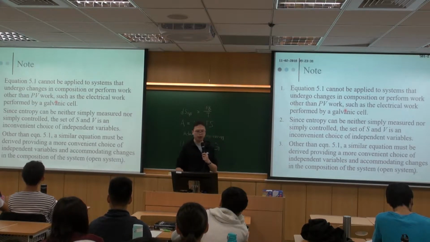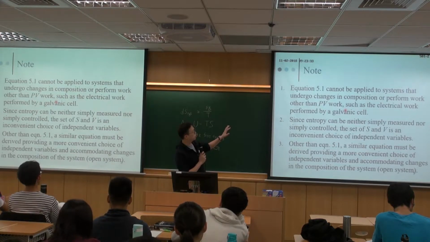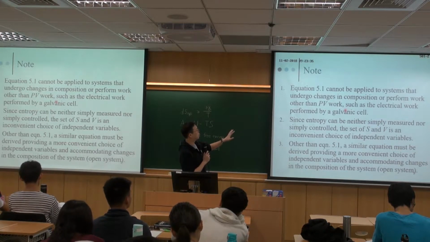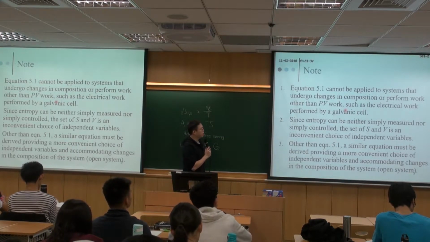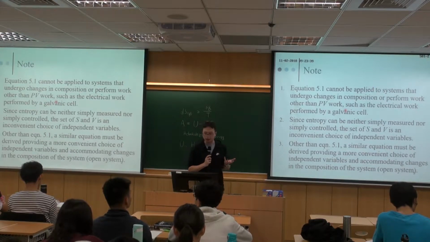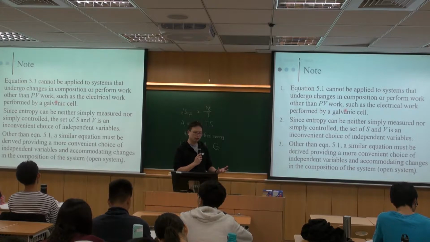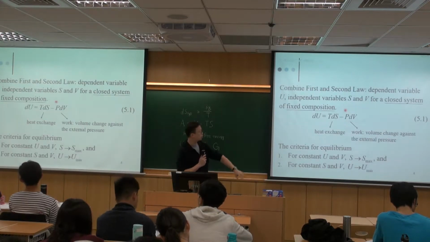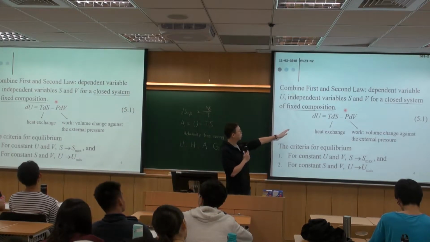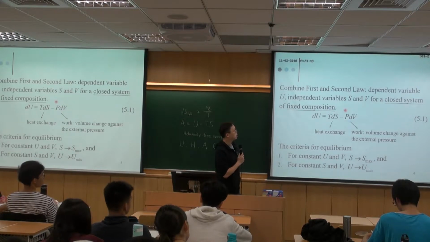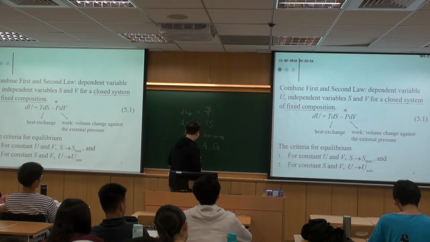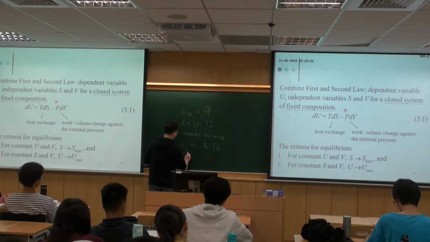But the bottom line is that in the case that we just saw, we ignore the works other than PV work. And since entropy can neither be simply measured nor simply controlled, there are a lot of equations involving entropy. For instance, we know that if we write dU as TdS minus PdV, it means that we express internal energy as a function of S and V.